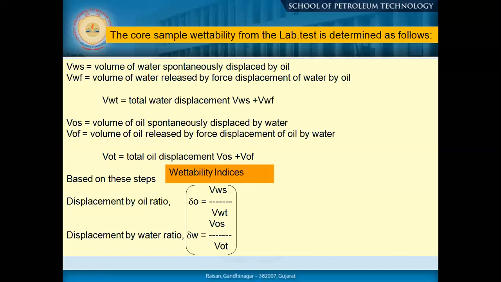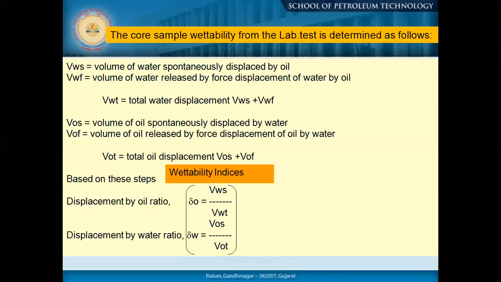Okay, that means in both cases oil and water displace spontaneously, and the forceful displacement is the same. But let's say, as an example, a core plug filled with oil, and we put it in water, and no oil is coming out.